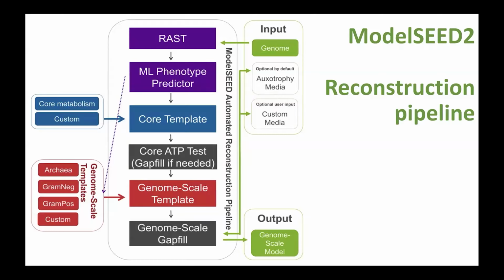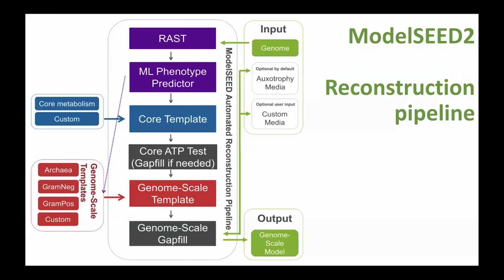A lot of annotation tools give you some very verbose descriptions. There's a lot of variation as they annotate the same functions. RAST is very good at giving you a controlled vocabulary, and is very good at giving you consistent annotations across genomes. So that's why we like it for our template.